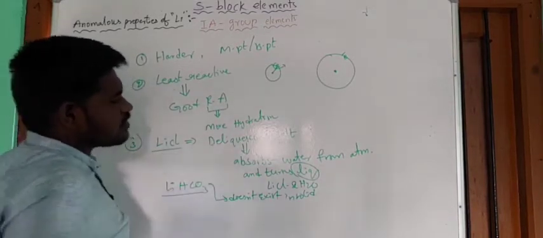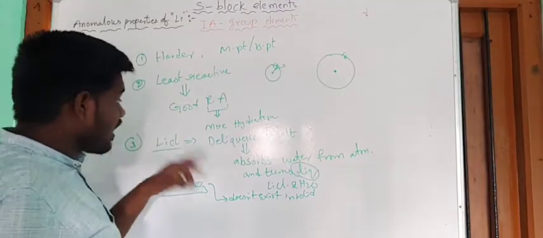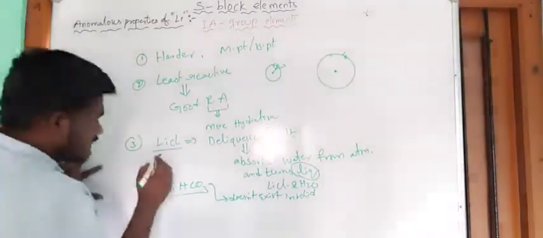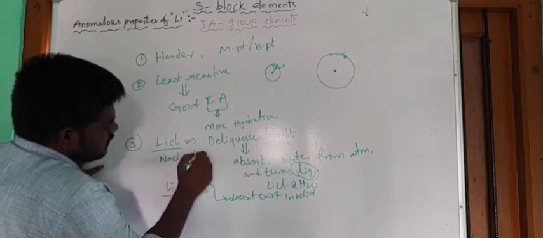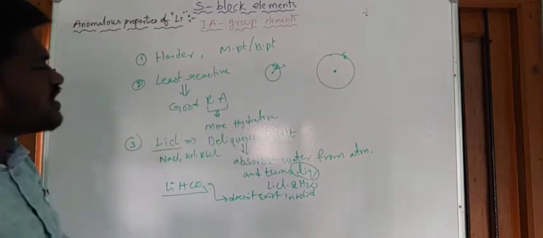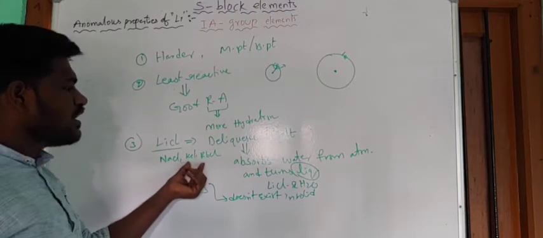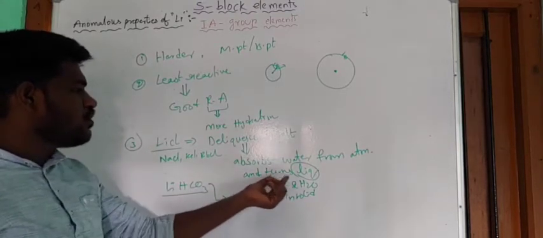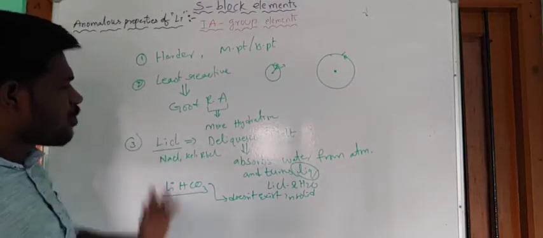LiCl is a deliquescent salt. It means it can absorb water molecules from the atmosphere. But other metal chlorides, NaCl, KCl, RbCl, are not deliquescent salts because they won't absorb water molecules and won't turn into liquid state. Only LiCl has that property.